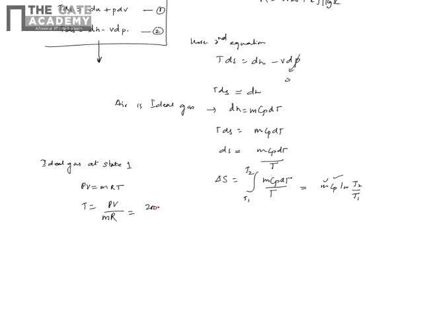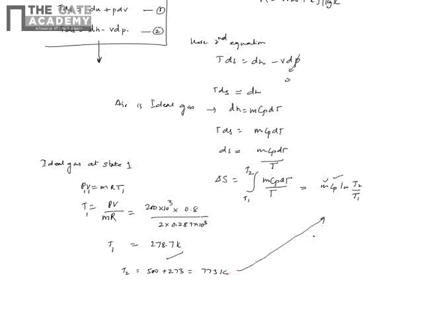So pressure is given 200 kPa, volume is given 0.8, mass is 2 kg, R is 0.287 kilojoules per kg Kelvin. So when I substitute everything, I get 278.7. This is where you have to use the calculator. So this is temperature, which is T1. Remember, these are all state 1. Now T2 is given as 500 plus 273, so that is 773 Kelvin.